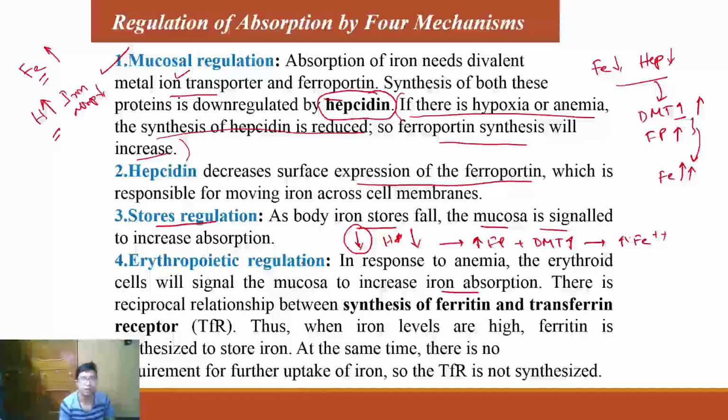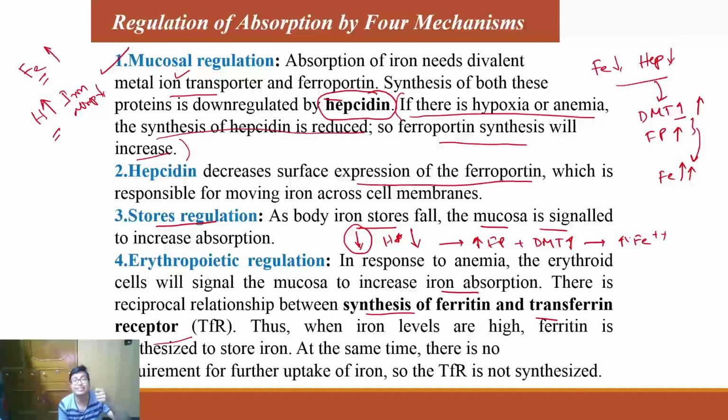Now you need to know that these transferrin receptors are the ones that first bind with the iron, and then they are utilized for transport. There is a reciprocal regulation between synthesis of ferritin and the transferrin receptors.